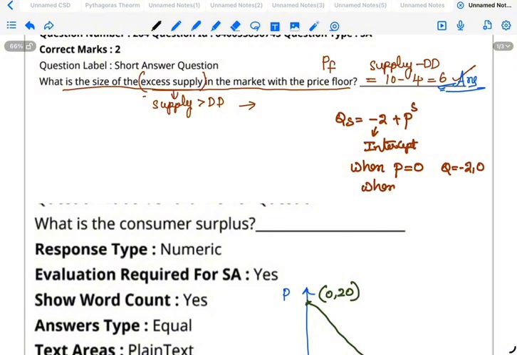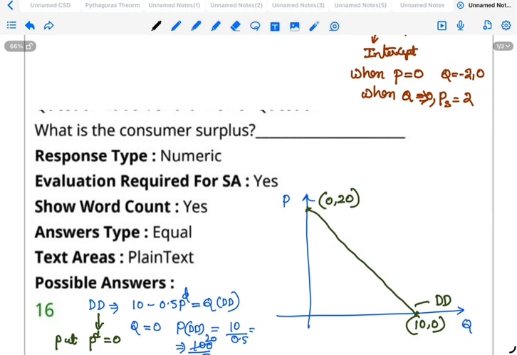And when Q equals 0, that is QS equals 0, PS equals 2, so the other point is 0 comma 2.